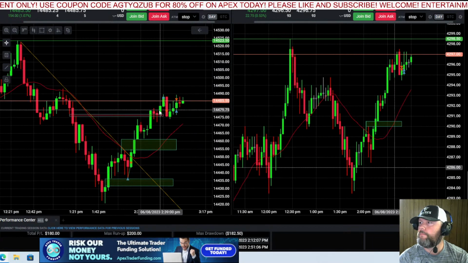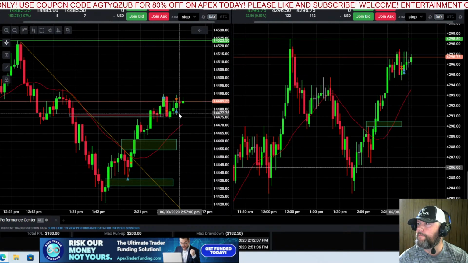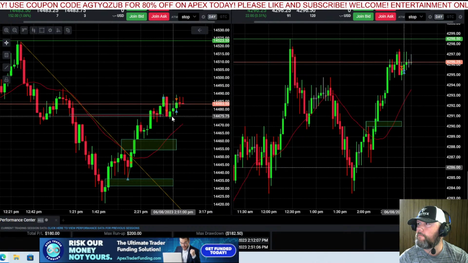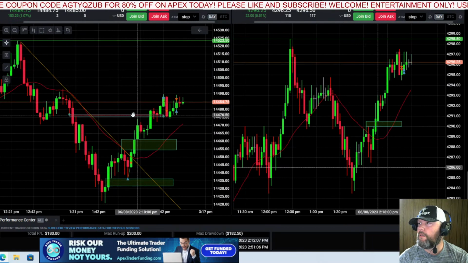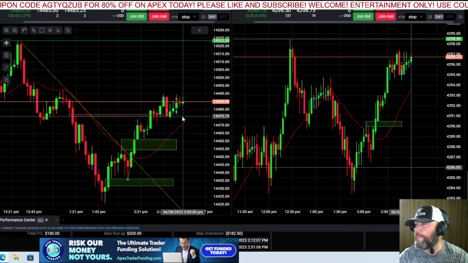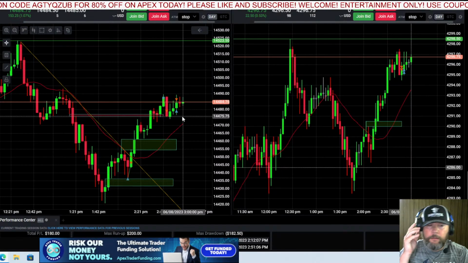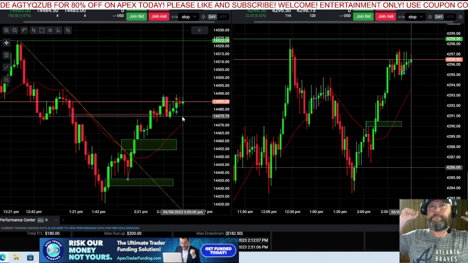I don't want to punish myself here by buying up here again. I do like how this fair value gap here and this inverted gap kind of held this area. Got to start trusting my reads when I see them.